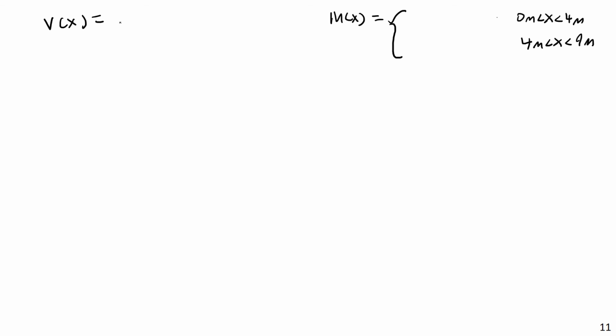And same thing with the V. Please don't be confused by the V of x and the Vx subscript. There are just two ways of saying the same thing in this context. This equals something when x is between 0 meters and 4 meters, and another function when x is between 4 meters and 9 meters.